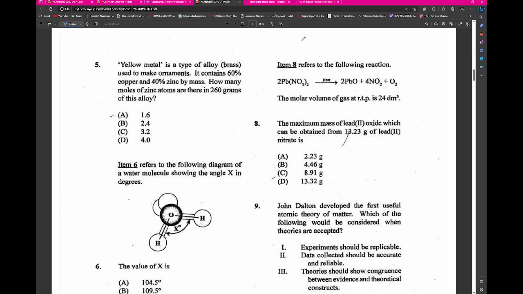I'm not sure if we get a list of any information while doing this, but I think the molar mass of zinc is around 65 point something. But let's work with 65.